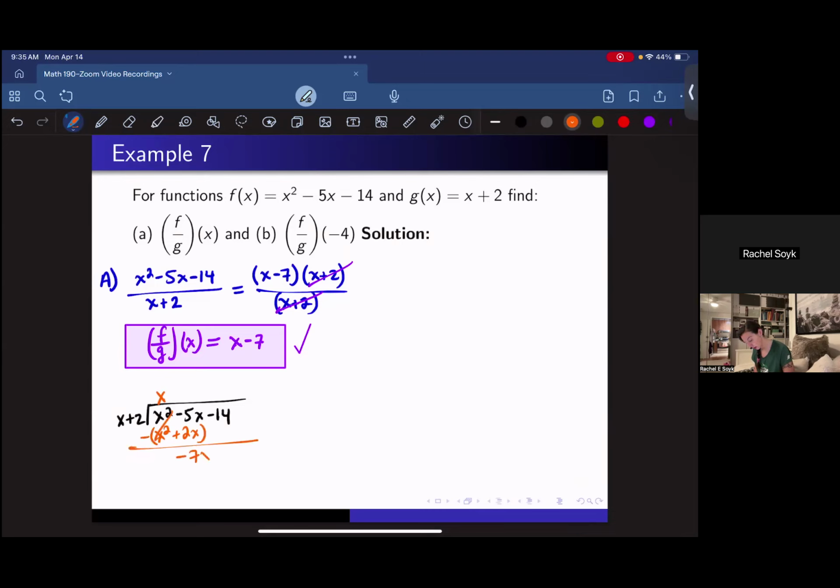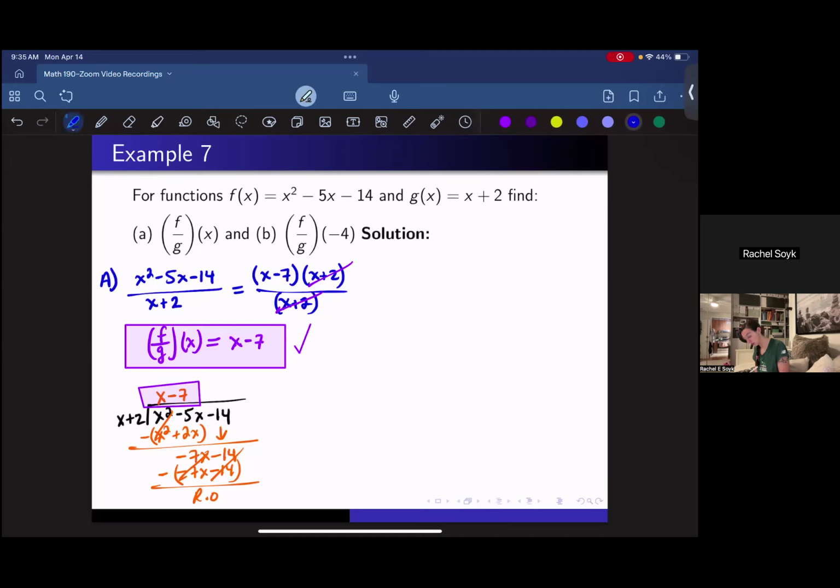So we're looking at -7x, bring that -14 down. And then we have a -7. And then we have a -7x minus 14 when we subtract it. This all cancels out, so our remainder is 0. And then lo and behold, we get the same result. But it just takes us an extra second. So that was our part A.